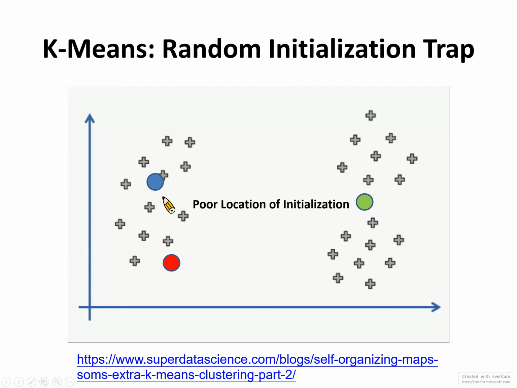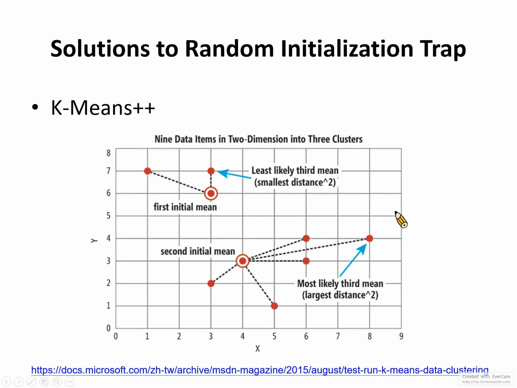and in this case you will find that lots of the data points have a larger distance to these two centroids. Compared to this one, the average distance from the data points to the centroid is quite small. But in this case, the distance to the centroid is quite large.